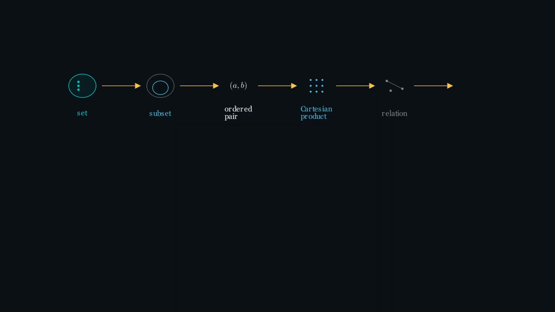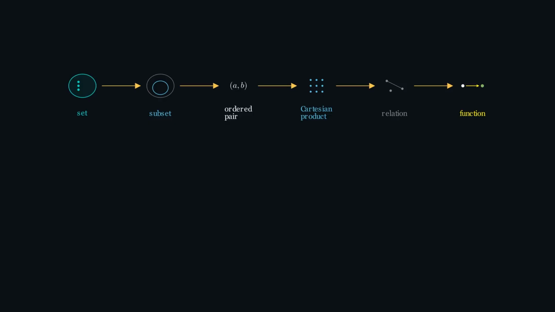And from relations, we carved out what I consider one of the most important ideas in mathematics, the function. A relation where every input produces exactly one output. One question, one answer. If that definition felt rigid, it was meant to be. That rigidity is what makes functions trustworthy.